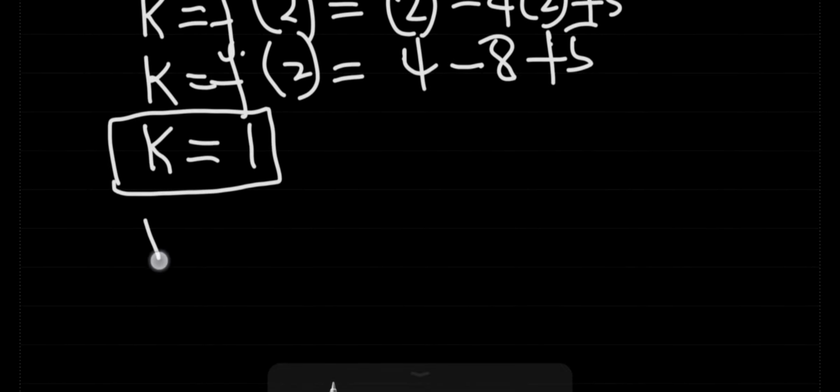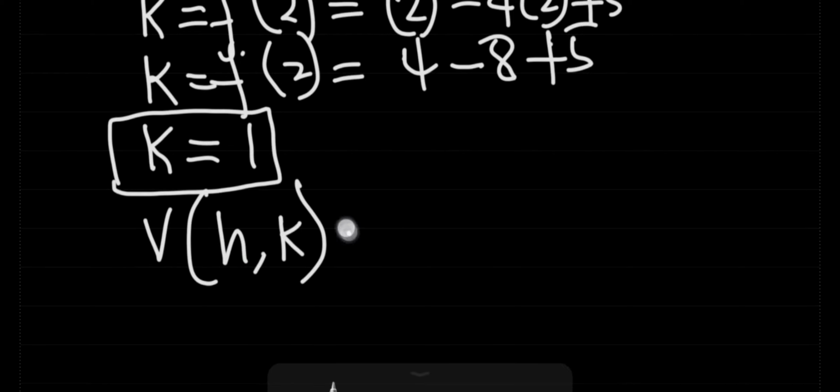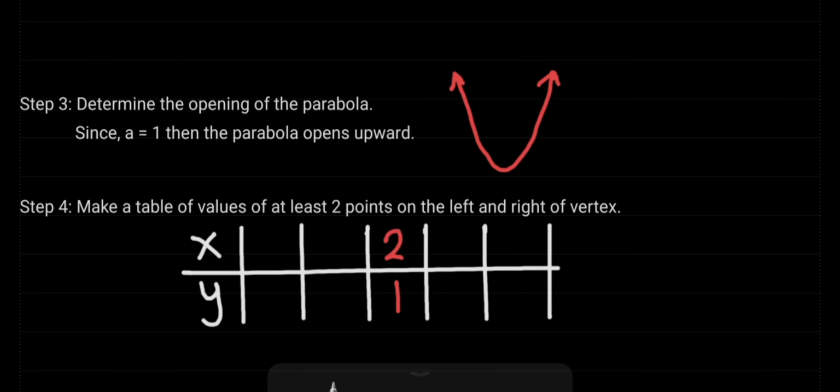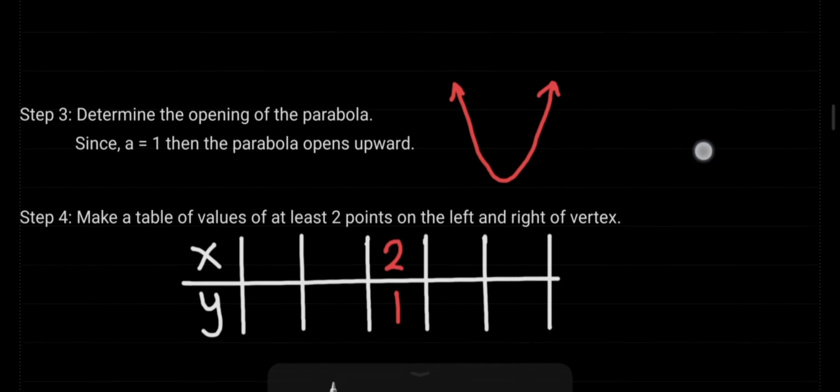So our vertex h, k is (2, 1). For step 3, determine the opening of the parabola. Since a is equal to positive 1, the parabola opens upward.